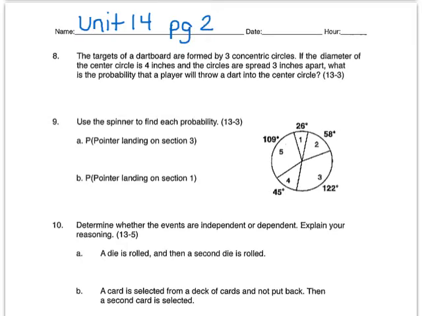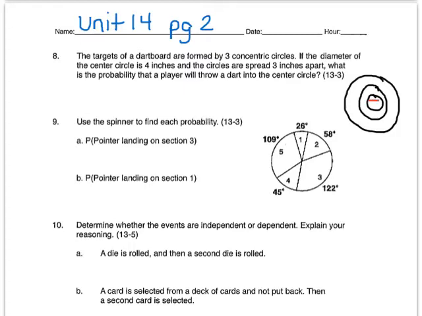Okay, the targets of a dartboard are formed by three concentric circles, and we're going to assume those circles are all equally spaced. My drawing is bad, but the diameter of the center circle is 4 inches.